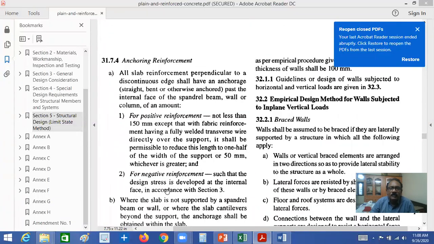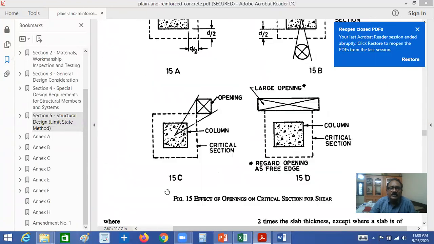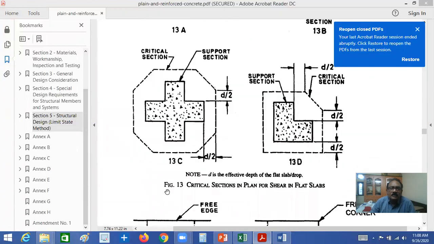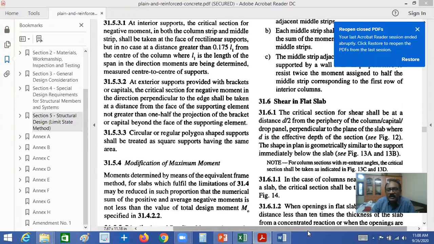Here, if you see 31.6, shear in flat slab is clear. It explains that the critical section for shear shall be at a distance d by 2 from the periphery of the column or capital or drop panel, perpendicular to the plane of the slab, where d is the effective depth of section. See Figure 12, the shape of the plane is geometrically similar to the support.